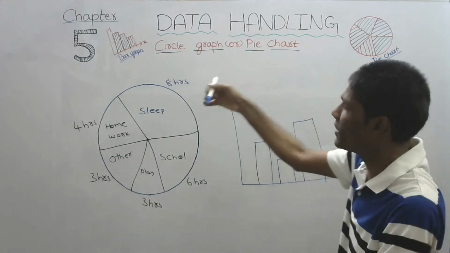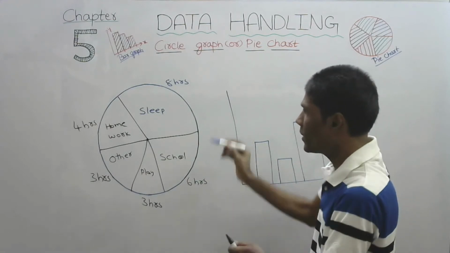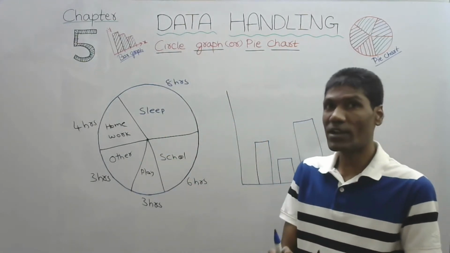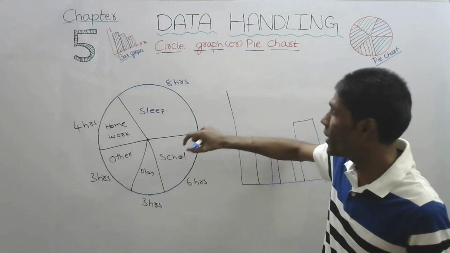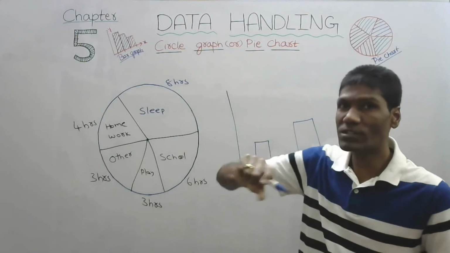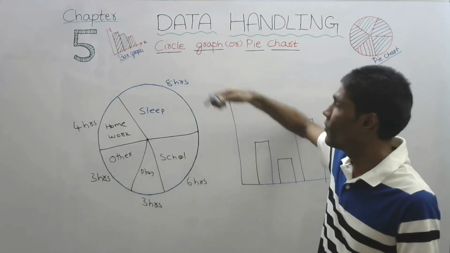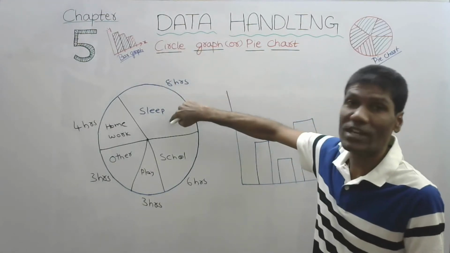The same data is represented in a circular form. What we are doing is, the total is 24 hours, and we are dividing that into smaller parts. Each part, how much it is taking, we are specifying. When this is 8 hours, we have taken a big sector.